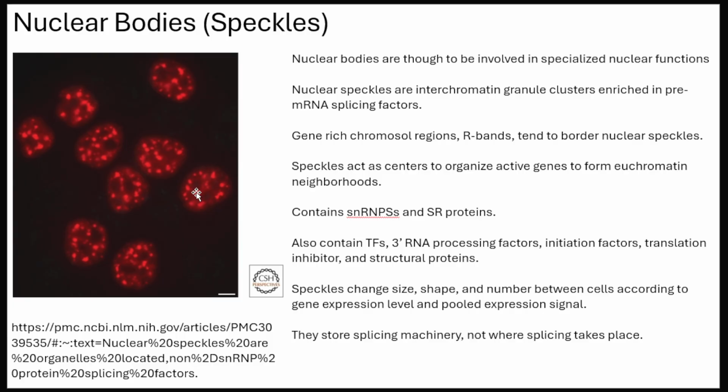So they're basically storing the splicing machinery. It's not where splicing takes place. You want to have a central warehouse so you can find everything and ship it very closely. It's more efficient that way.